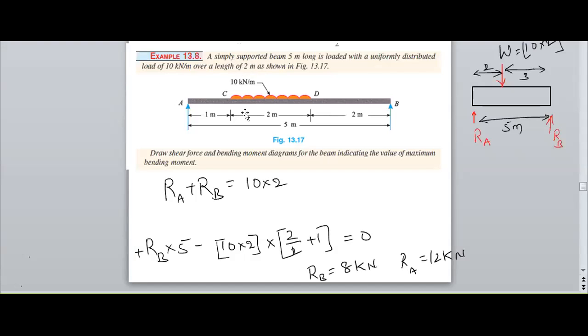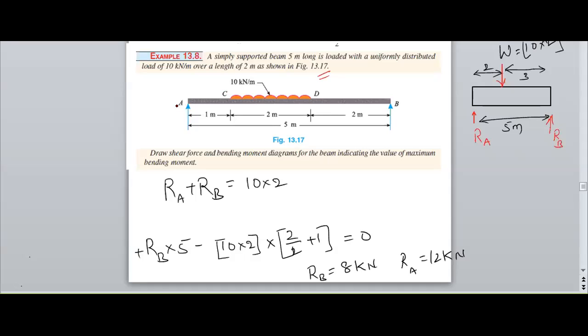A UDL is acting only over 2 meters, but the length of the beam is 5 meters. In this problem, he has given the diagram. Otherwise, we need to draw the diagram.